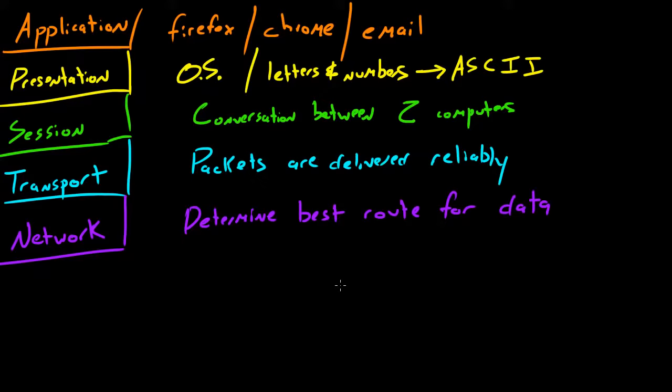Now, say that I wanted to have a conversation with your computer, or I wanted to have a session with your computer. Well, there are probably a million different ways for data to be sent from my computer to your computer. So what this network layer is going to do is it's going to determine the best, most reliable, and fastest route.